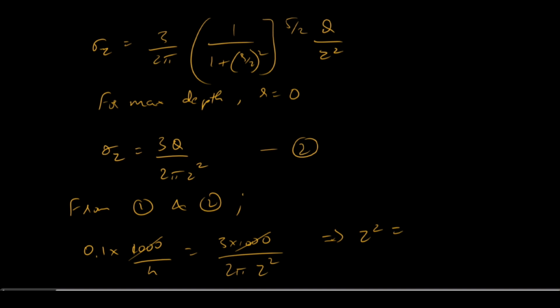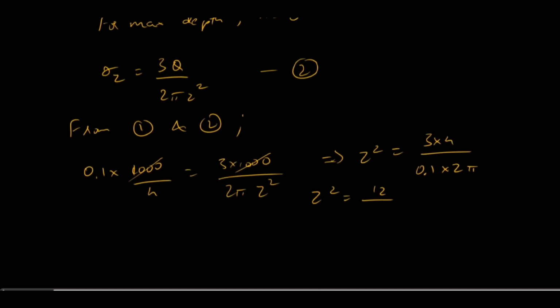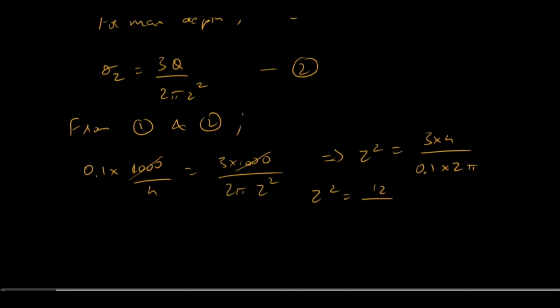Z square will be equal to 3 into 4 divided by 0.1 into 2 pi. So z square will be equal to 12 by 0.2 pi, which is nothing but 60 by pi.